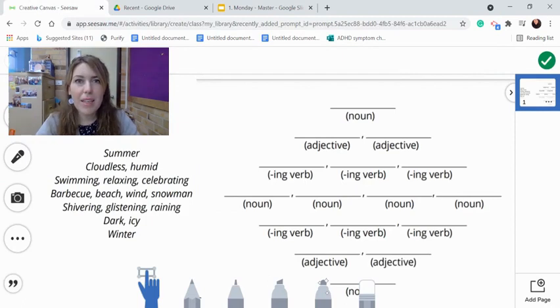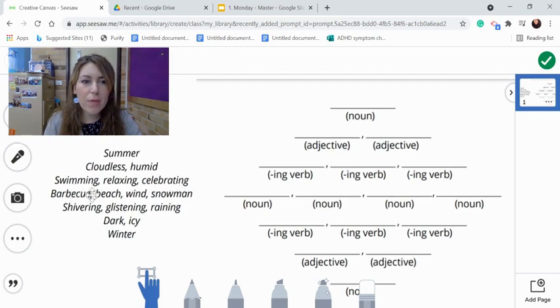Perfect. Now, you would have seen on Friday that a Diamante poem has two different subjects, two different nouns, one at the top and one at the bottom. It then has two adjectives relating to your first noun, three verbs, ing words, relating to your first noun.